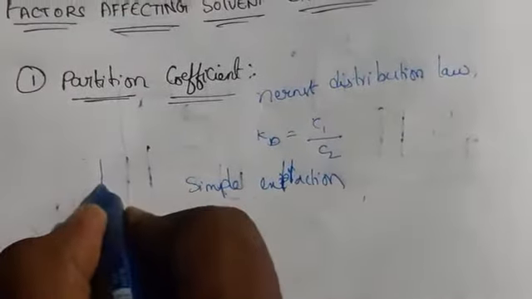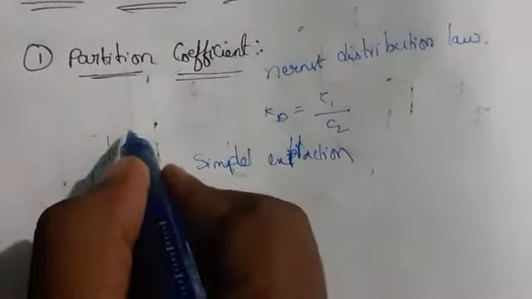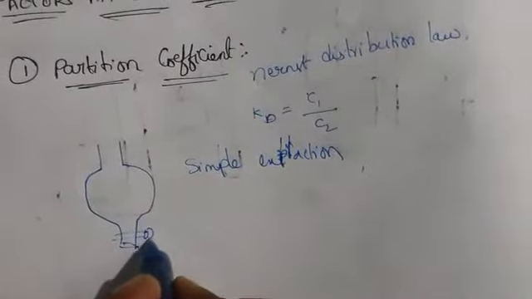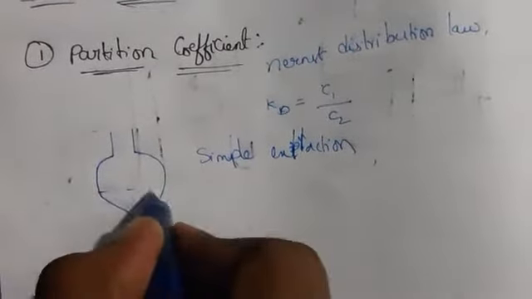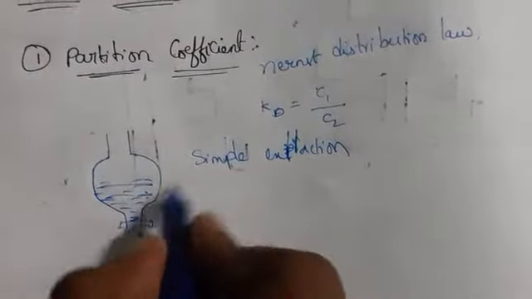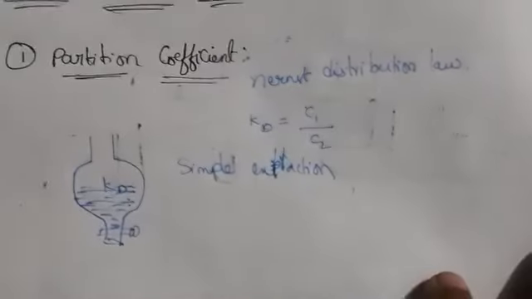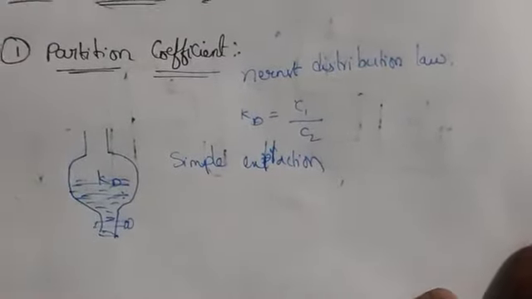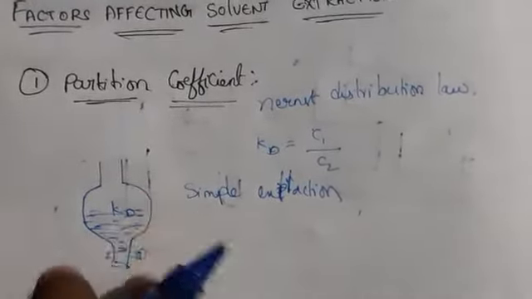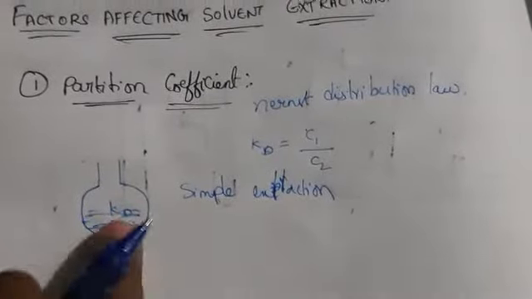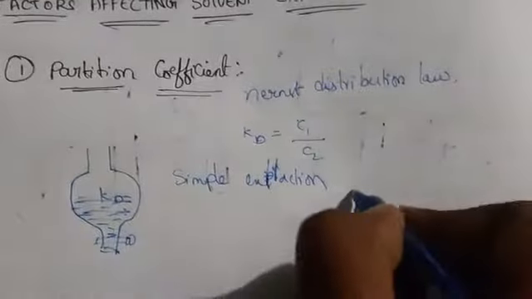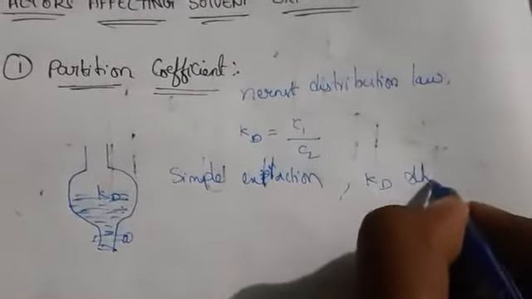In this separating funnel, whenever the layers are formed, the partition coefficient Kd is very large here. Why? Because we can easily separate the extraction. The ratio of the solutes in the solvents we are taking, the partition coefficient Kd, should be large for simple extraction.